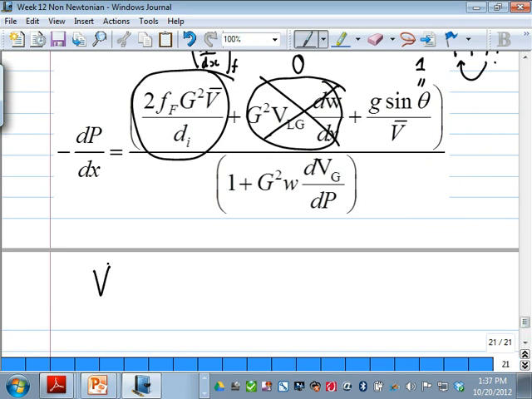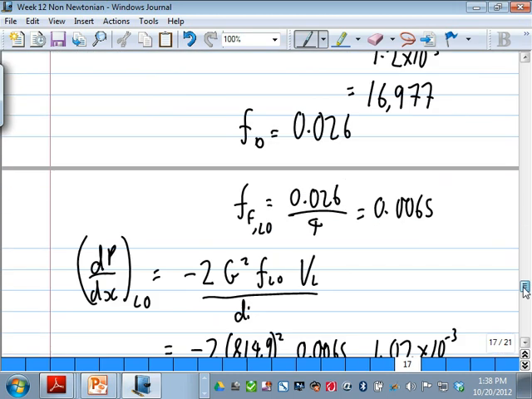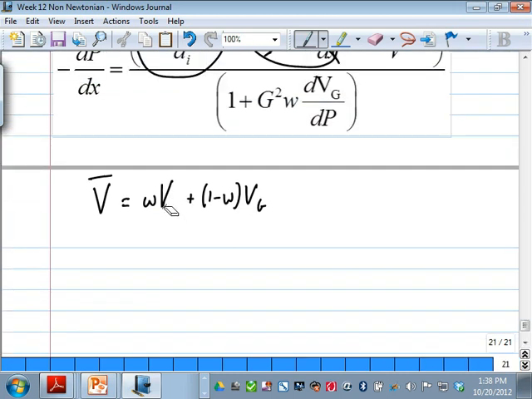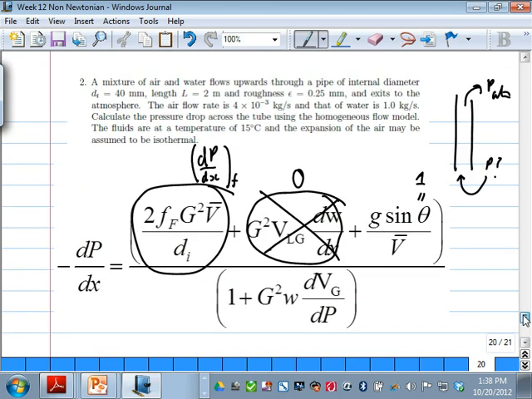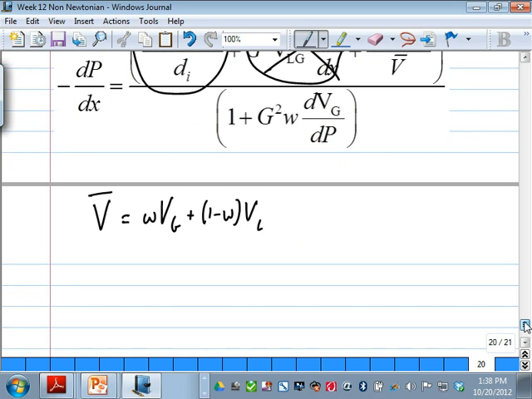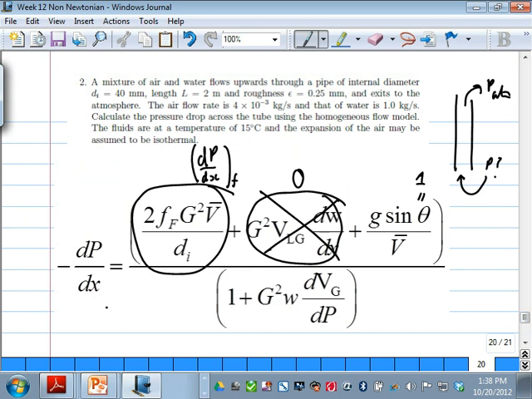What is V bar again? V bar is VL plus the quality omega times (Vg minus VL). This is air and water, so we need omega first.